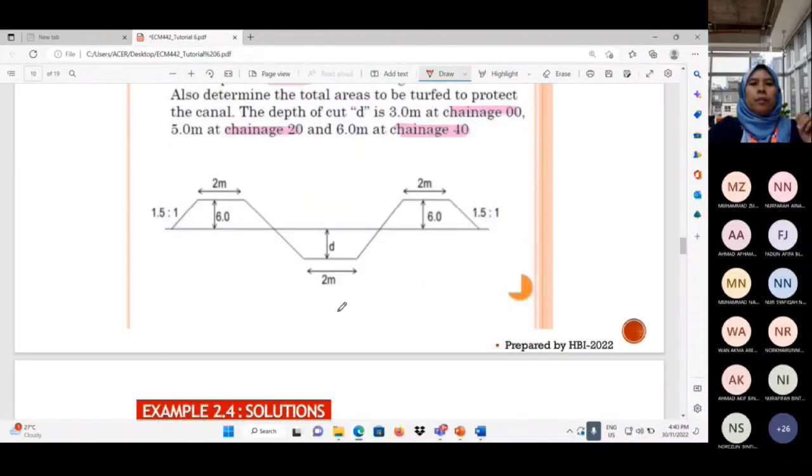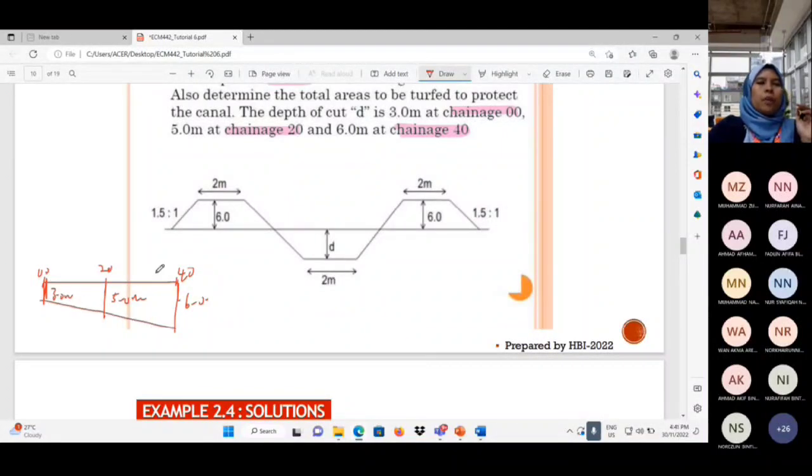So kalau kita boleh gambarkan macam ni, ini pandangan sisi. Depth pada chain H 0 is 3 meter, chain H 20 5 meter, chain H 40 is 6 meter. So 3, 5, 6. Ini kedalaman dia berbeza.